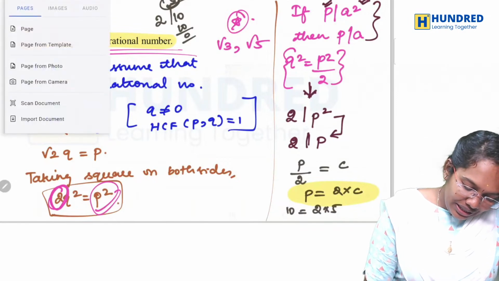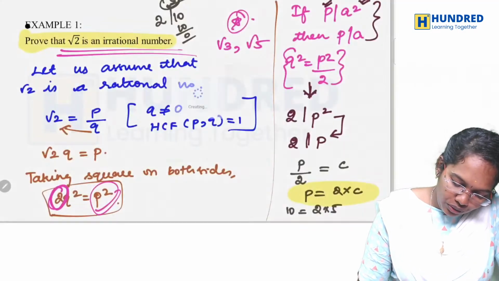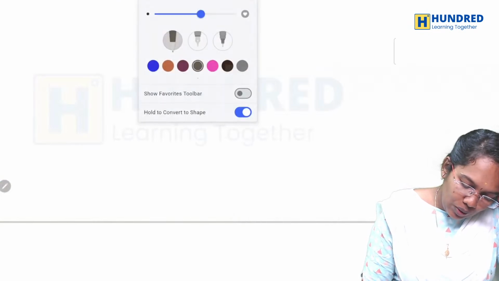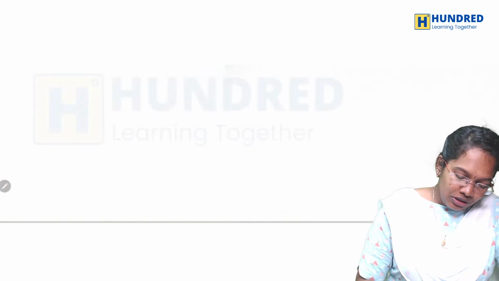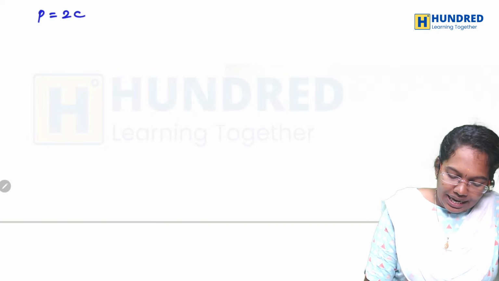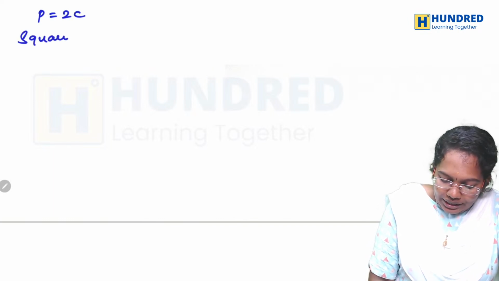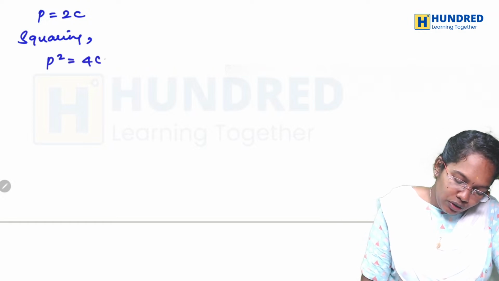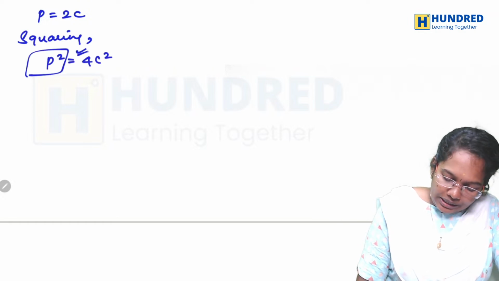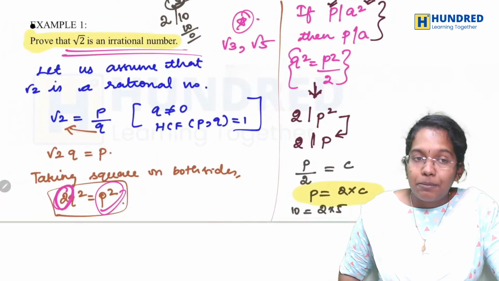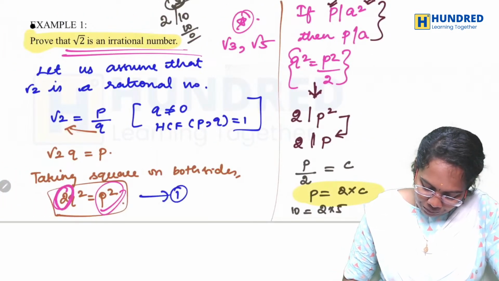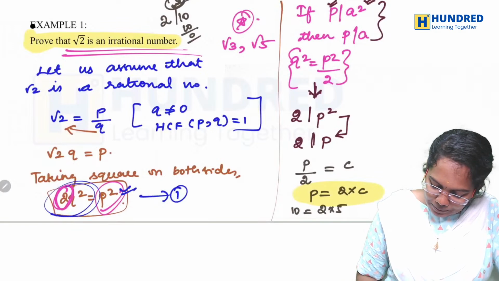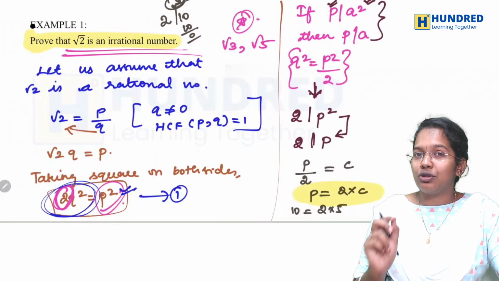After this step, we simply square p is equal to 2c. On squaring, you will get p square is equal to 4c square. Instead of p square, we can substitute the value 2q square.